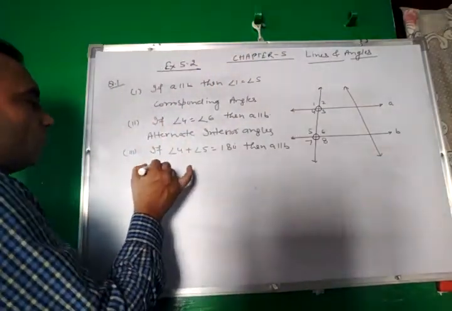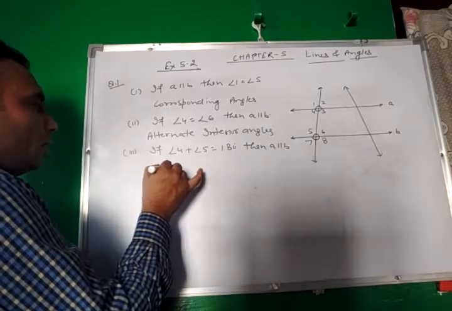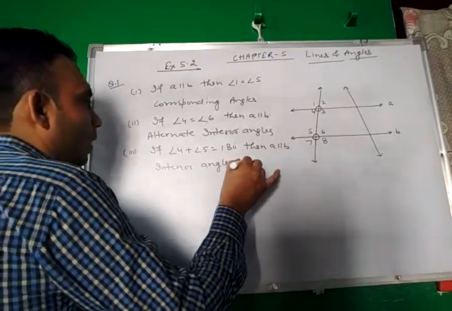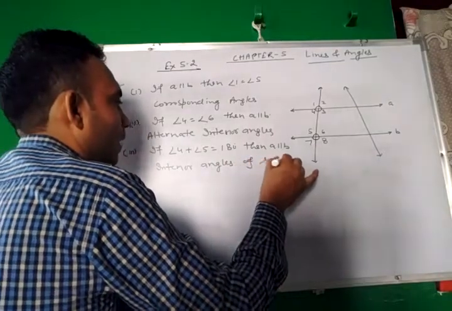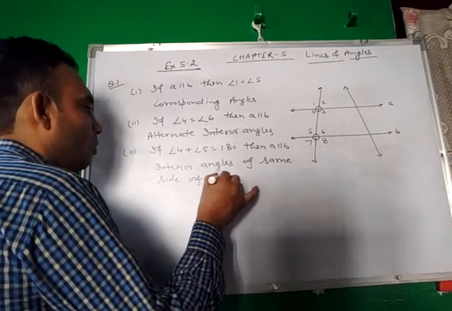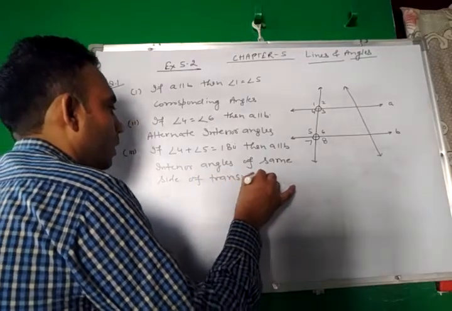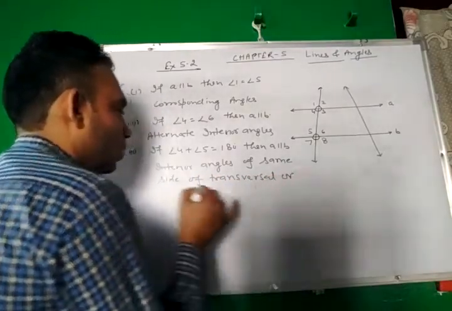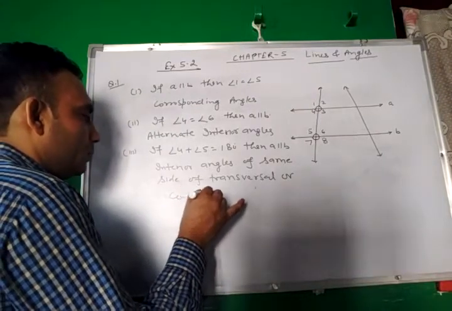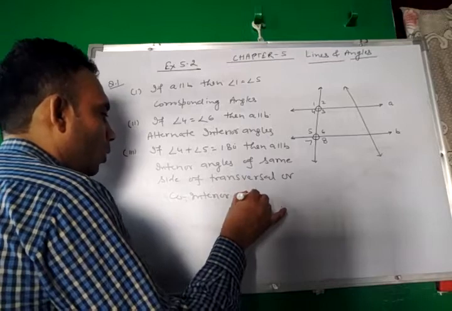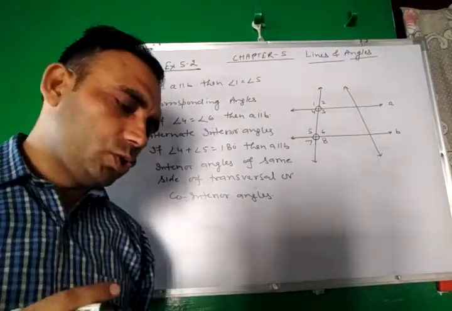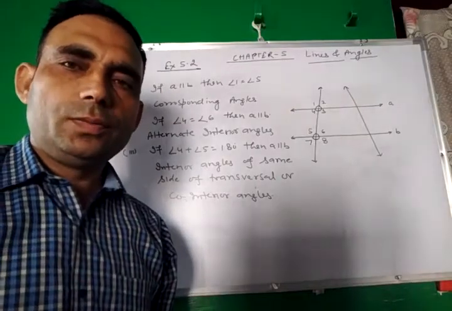So, interior angles on the same side of the transversal, or in short, co-interior angles. These are the properties used in question number 1.